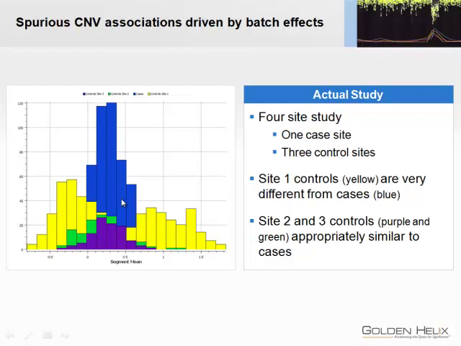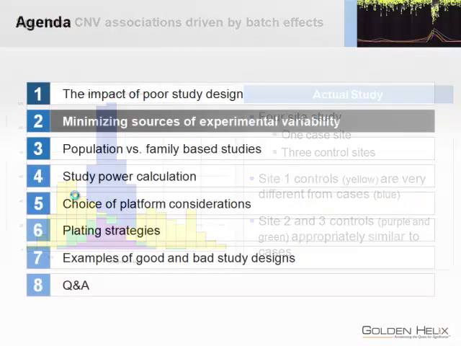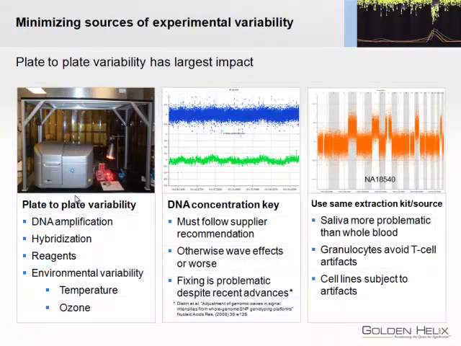In fact, when we looked at the intensity data, we could see that the probe behaved totally differently for this set of experiments. We're not sure what was different about the experimental conditions, but it was driving the association rather than some biological effect. So how then do we minimize these sources of variability?